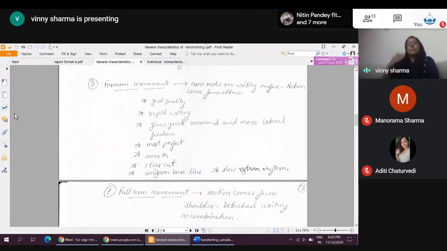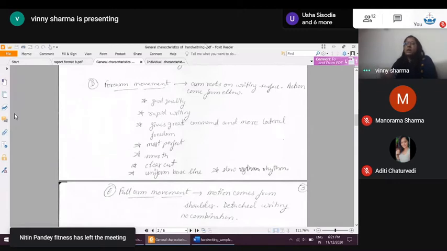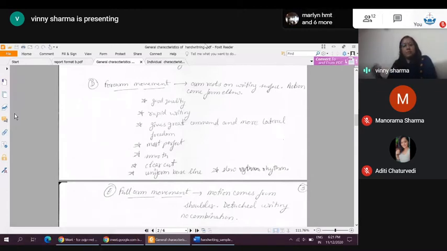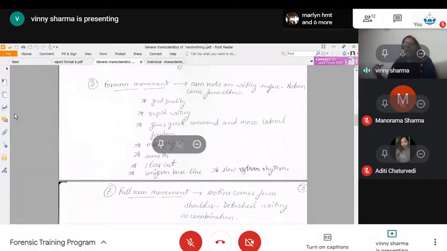There will be more lateral displacement of your words because you are getting more space and more motion to write. So your words will be more laterally displaced. There will be presence of spacing. Okay, there will be an artistic presence in this handwriting. The writing will be fast.